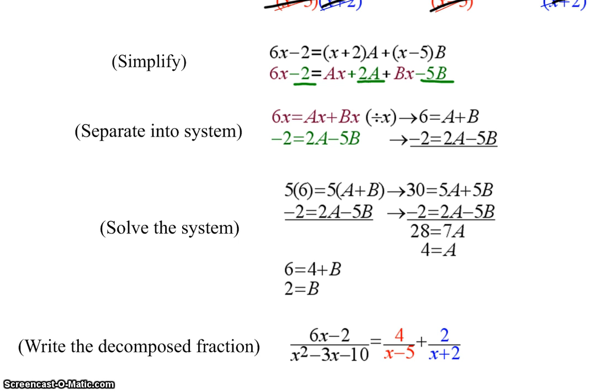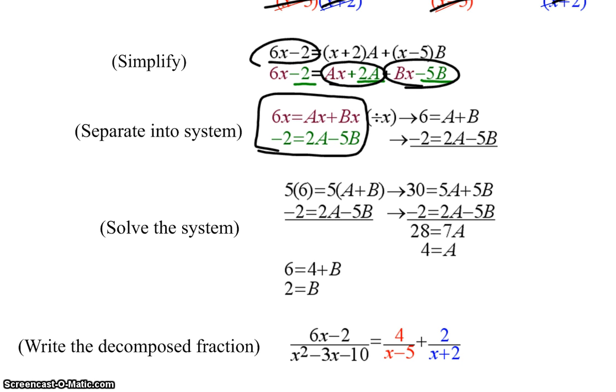We can check this by looking at this portion of the problem where I broke it up. If you add 6x and negative 2, we get 6x minus 2. If you add Ax plus Bx to 2A minus 5B, we get the Ax plus 2A and the Bx minus 5B. So all the parts are there.